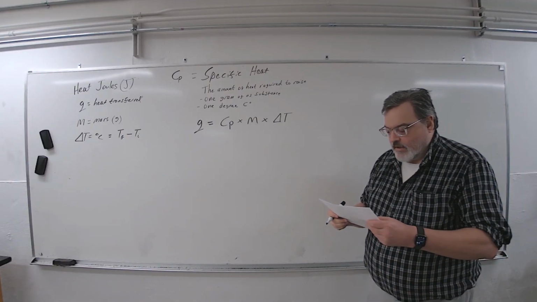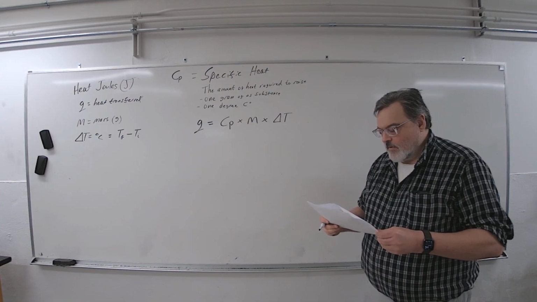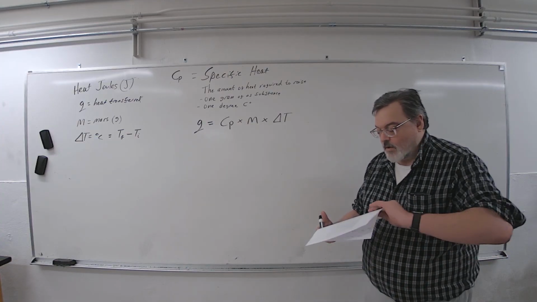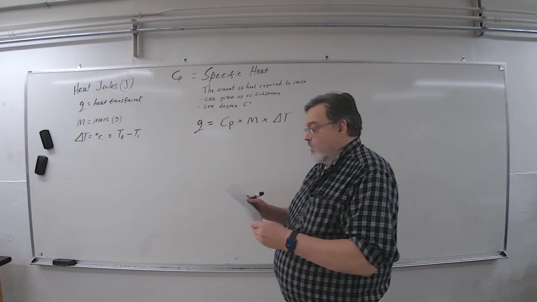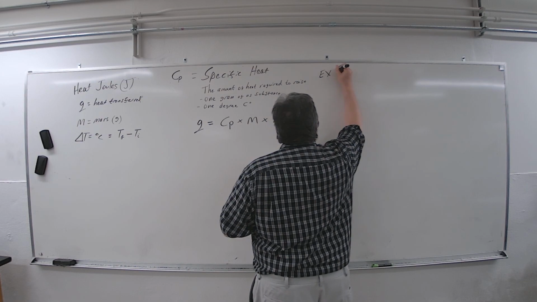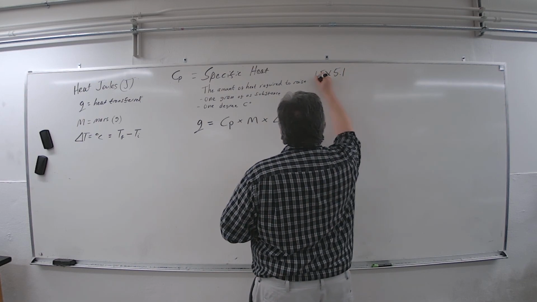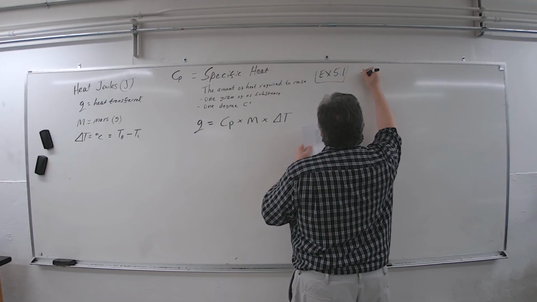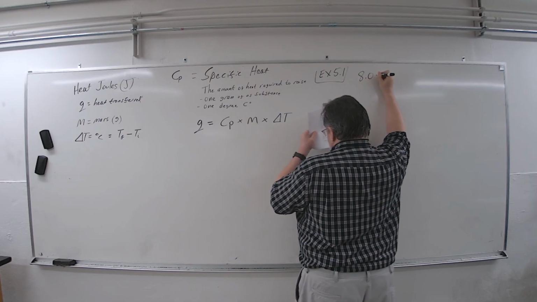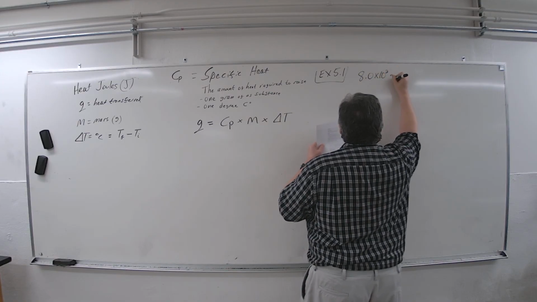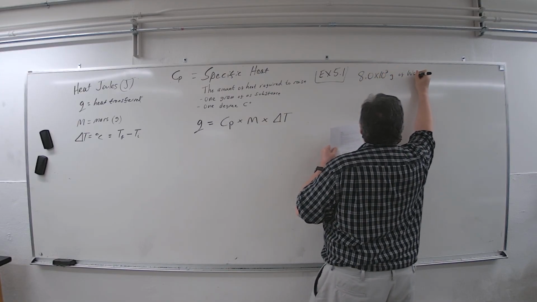So let me put it like this. Let me go ahead and jump to one of these problems. I did example 5.1. 8.0 times 10 to the 2 grams of water.